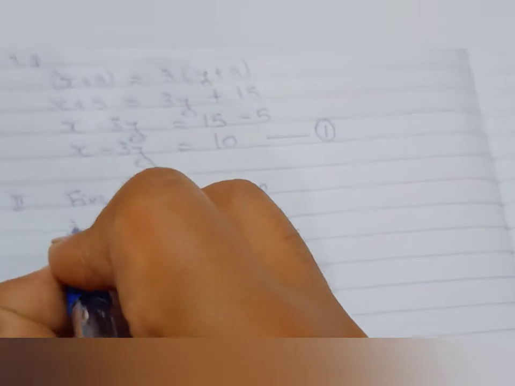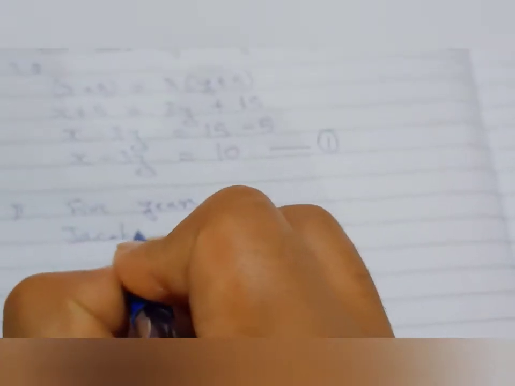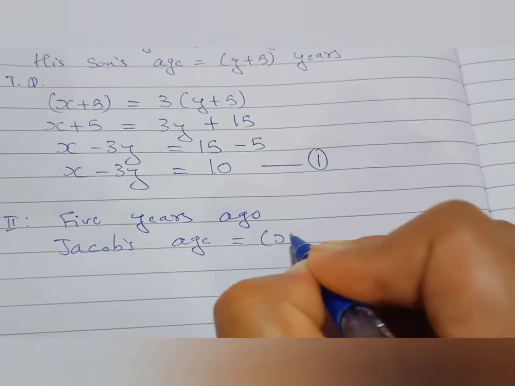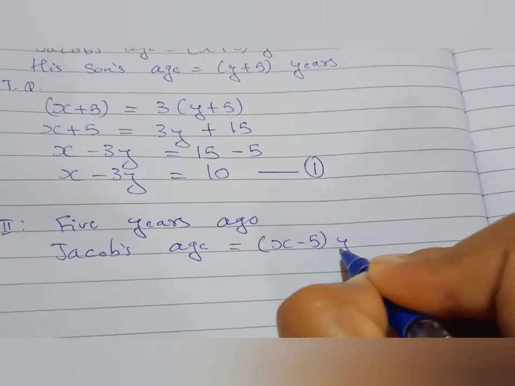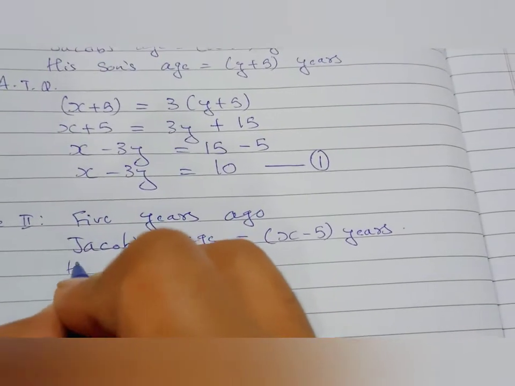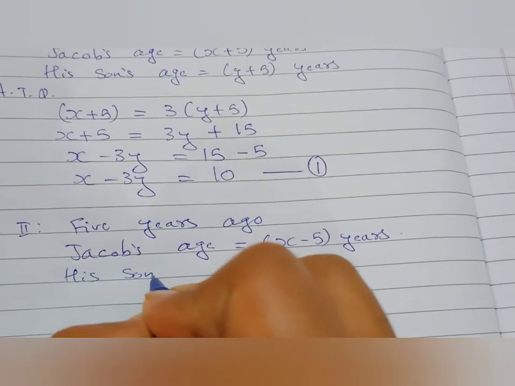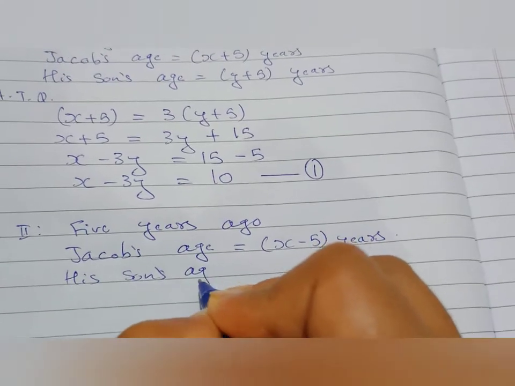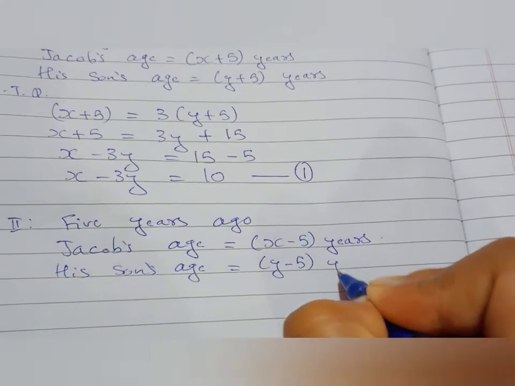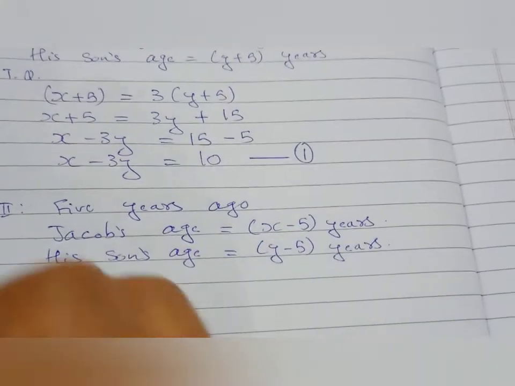So 5 years ago, Jacob's age will be x minus 5 years, 5 years less. Similarly, his son's age, which is presently y, will be y minus 5 years, 5 years less.